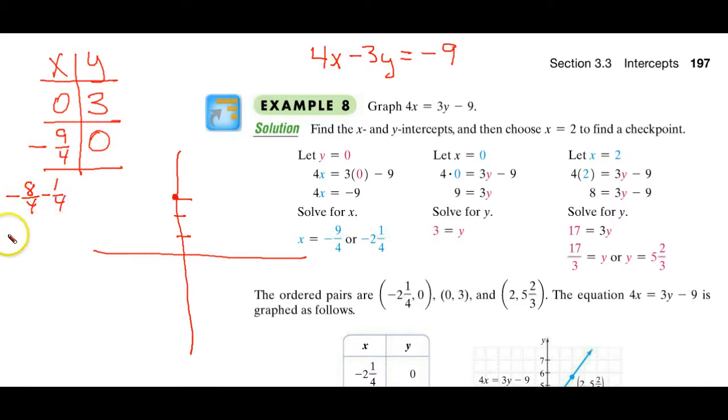So this is like a -2 and 1/4. So there's a 1, there's a 2, and there's a 3. So a -2 and 1/4 is going to be right about there. That's the intercept.